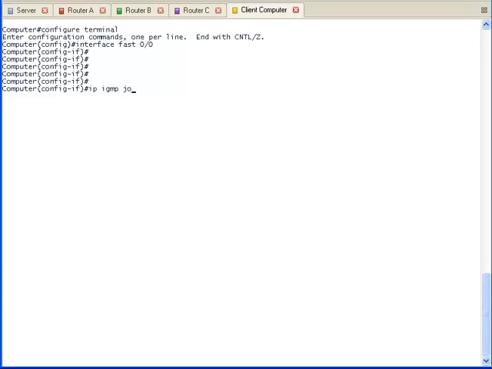We will use the IP PIM join command. Normally, computer programs like Adobe Flash and Apple QuickTime would be sending out the multicast join message packet. But configuring multicast on a client computer using this command gives us a better idea of what is going on.